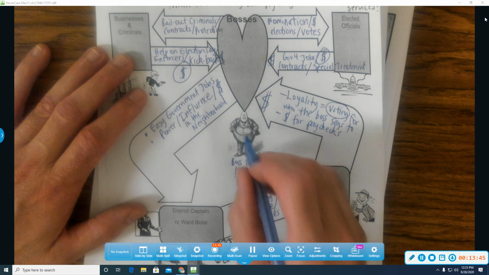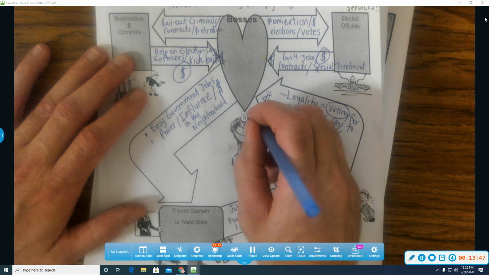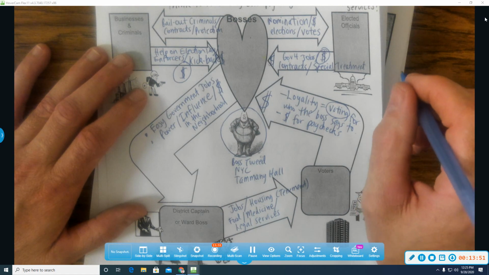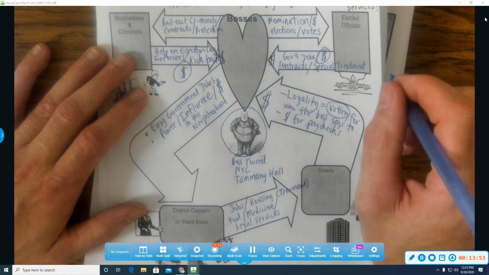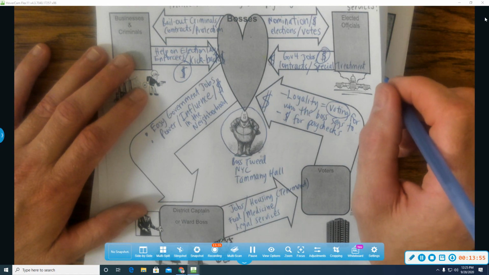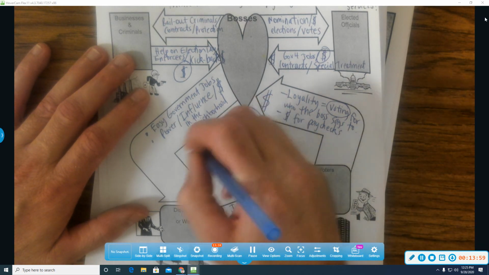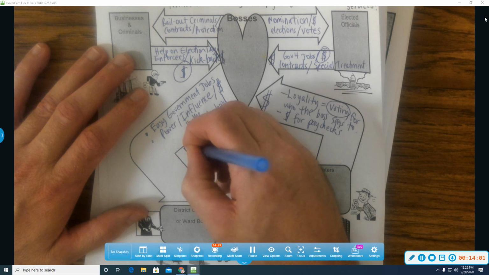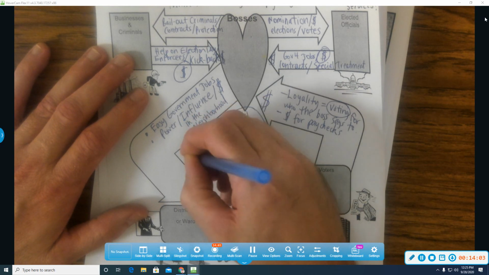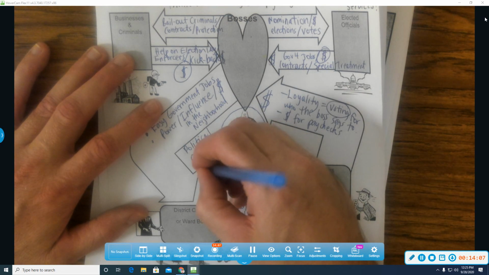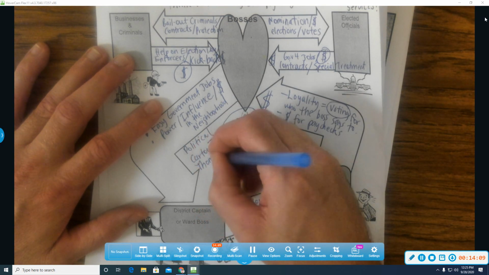And who's the cartoonist? We've got to remember that the cartoonist is important too. Political cartoons were important because new immigrants couldn't speak English, but they could understand a drawing. So the political cartoonist is Thomas Nast.